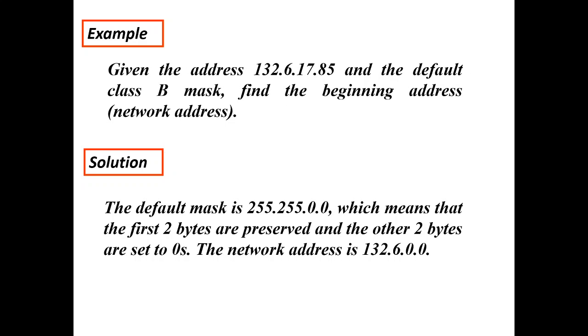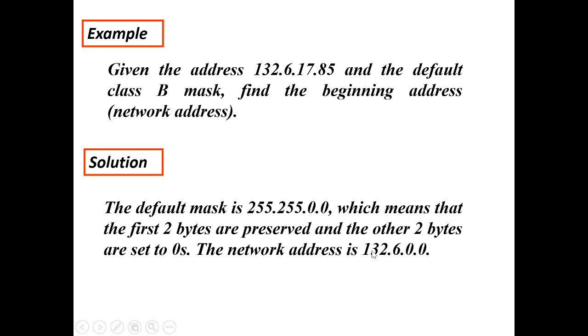Similarly, second example, given the address 132.6.17.85 and the default class B mask, find the beginning address, that is the network address. For class B, our prefix is 2 bytes and the suffix is also 2 bytes. So the default mask is 255.255.0.0, which means that the first 2 bytes are preserved and the other 2 bytes are set to zeros.